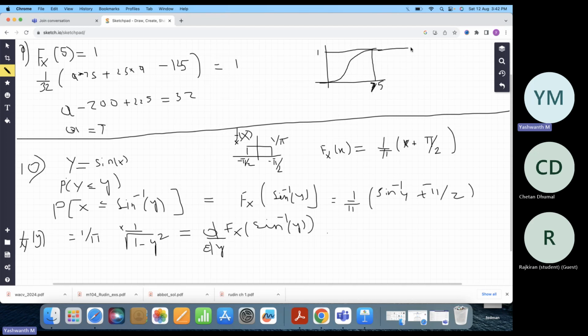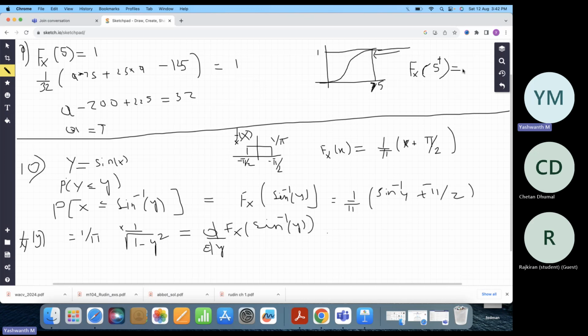So when you are coming from the right to 5, that is Fx of 5 plus. 5 plus means it is greater than 5 but not equal to 5. No matter how small, say 5.0001, is also 5 plus.